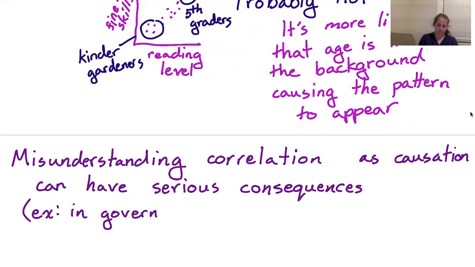I don't know, somewhere like 10 or 15 years ago now, the state made a decision that they wanted all middle schoolers to have algebra by the time they graduate middle school. And the reason behind this is that they saw that students that had taken algebra in high school were more likely to be successful in college. And so they decided we should push to have all students take algebra before they graduate middle school, and therefore they will be more successful in college.